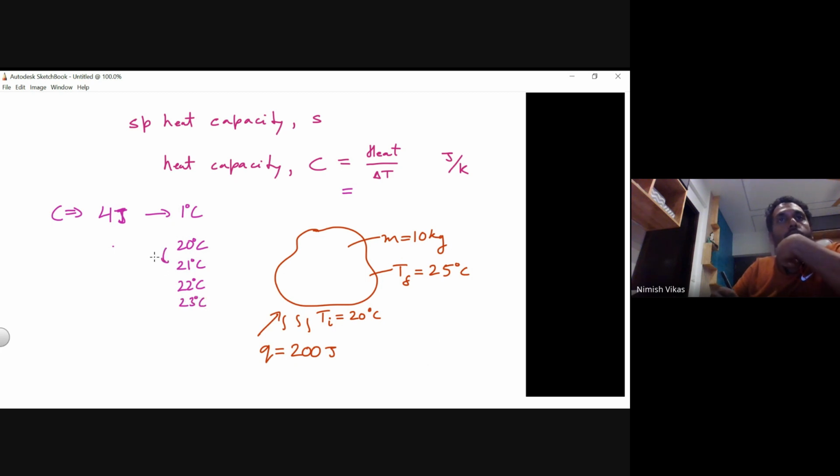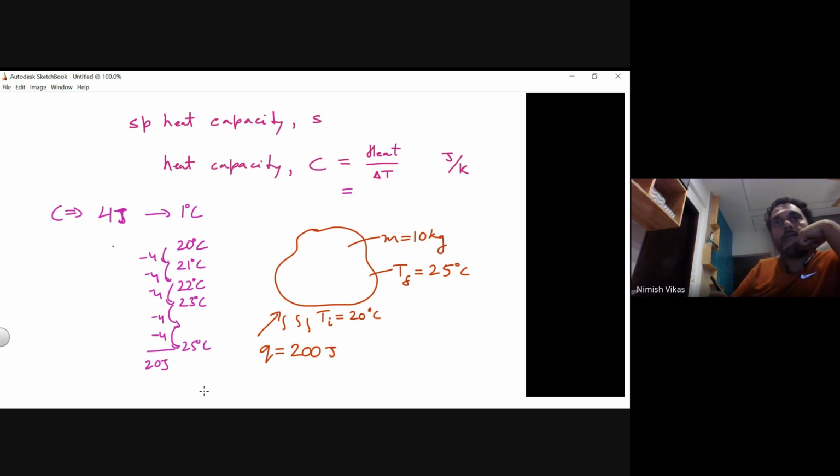On providing 4 more, 23. Then 4 more to make it 24, and then 4 to make it 25. So how many joules did I provide? 5 times 4, that is 20 joules. So on giving 20 joules, it would have risen by 5 degrees Celsius.